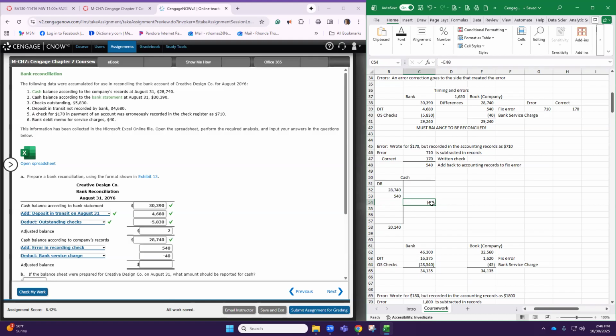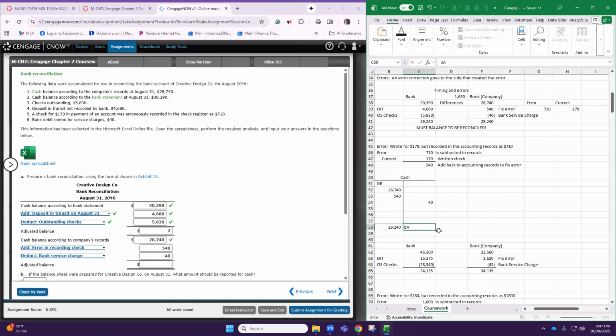So our new balance is the beginning that we started with plus the 540 we added back to fix the error, minus the service charge. So now our book balance reflects the new adjustment. The new adjusting balance is 29,240.